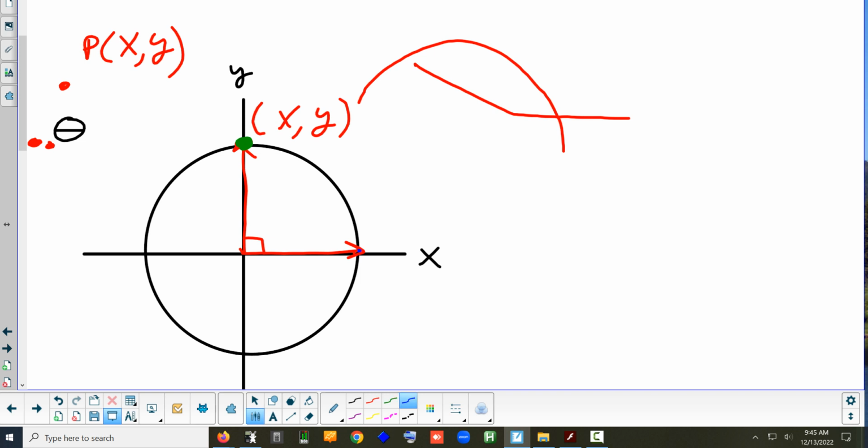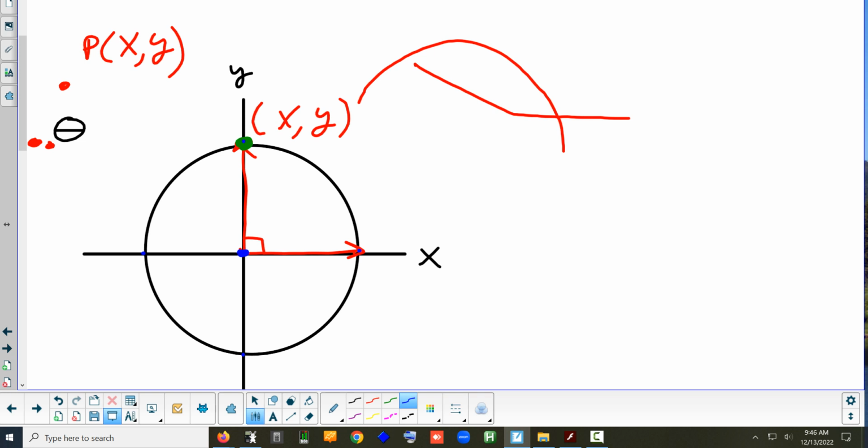The coordinates for 0, 90, 180, and 270 are actually the easiest ones to find. Because remember, this is the origin. And how big is this circle? What's the radius of it? 1.